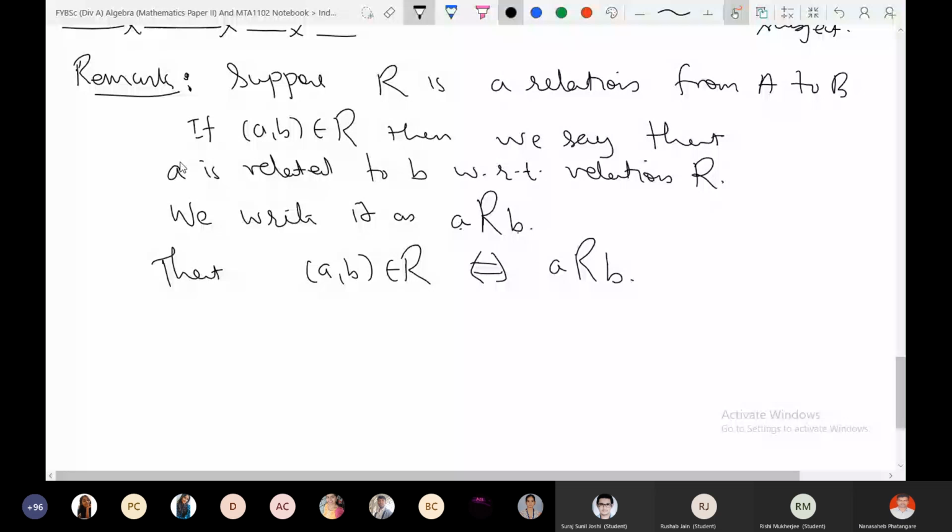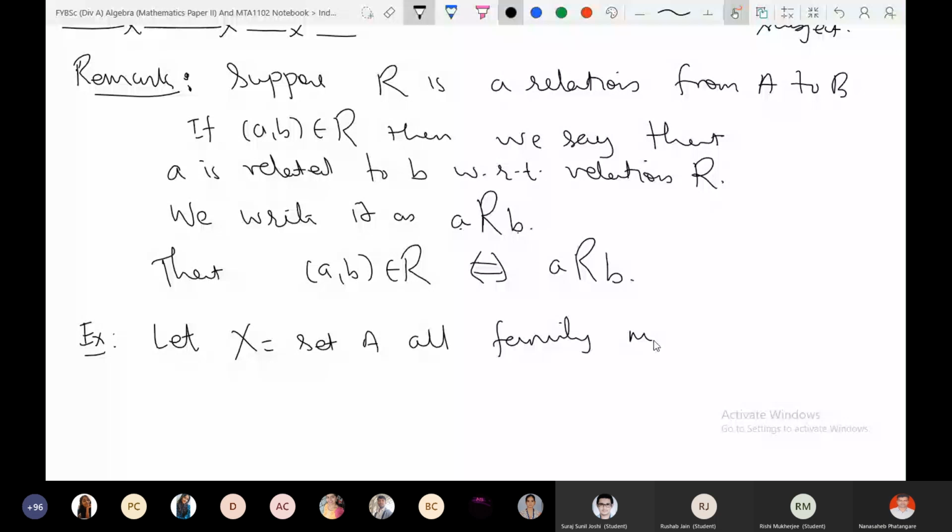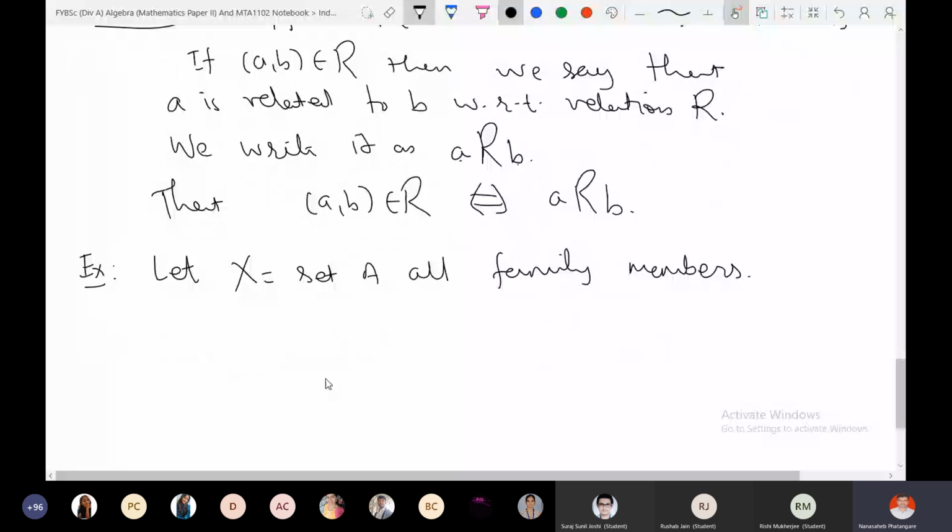Let me tell you one more example. X is equal to the set of all family members. Now you imagine your family and your family members.